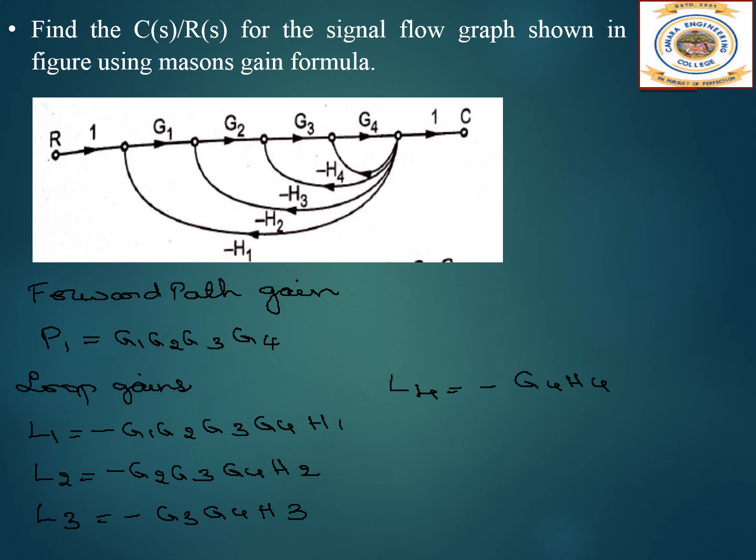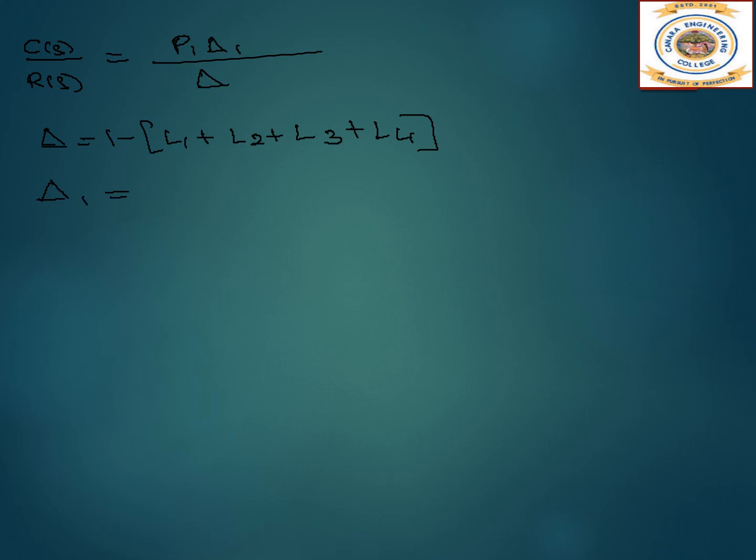Let us write Mason's gain formula. C of S by R of S equals P1 delta 1 divided by delta, where delta is equal to 1 minus L1 plus L2 plus L3 plus L4. So here delta 1, as you have seen, all the loops are touching the forward path, therefore all these loop values will become 0 and delta 1 will be 1.